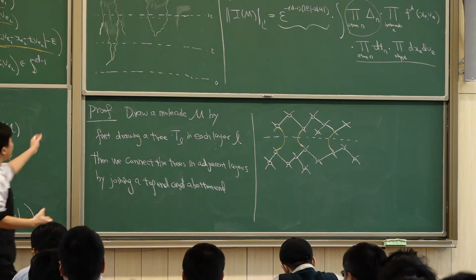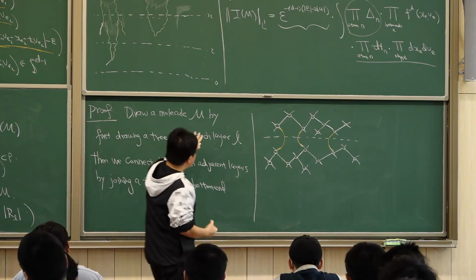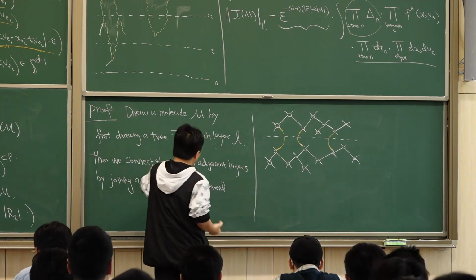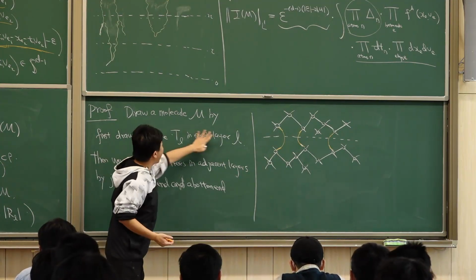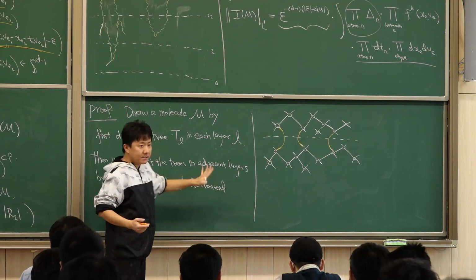Okay, so basically, by doing this, you can get an arbitrary molecule M by first drawing the trees and joining the ends. Now let's count how many choices we have in the first step and how many choices we have in the second step.